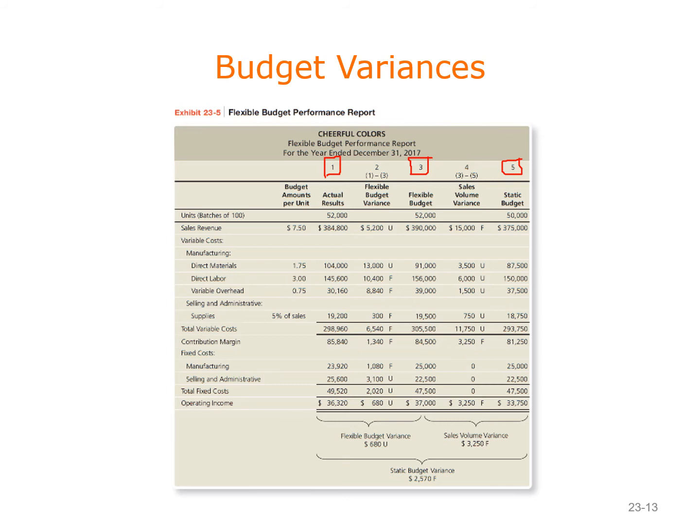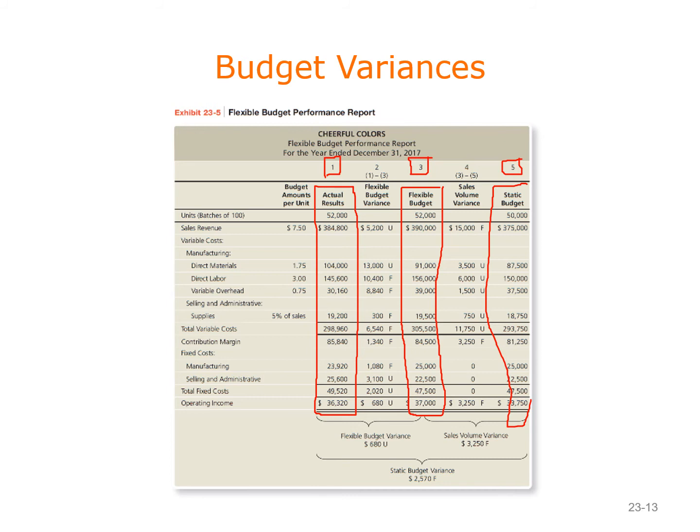We don't care about it now because we did it before. And we have the flexible budget, which we also prepared before. And the static is the first one that was provided to us at the beginning of the chapter, as you can see here.